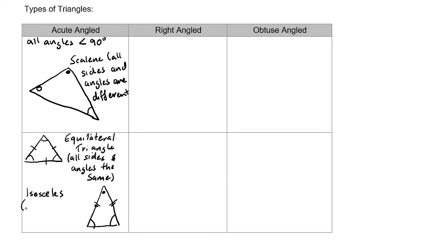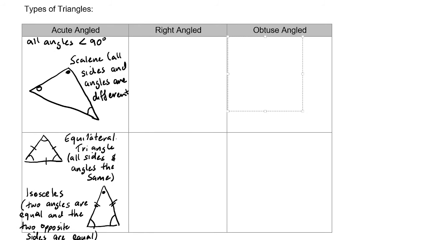This is where two angles are equal, and the two opposite sides are equal. So that's our isosceles triangle.